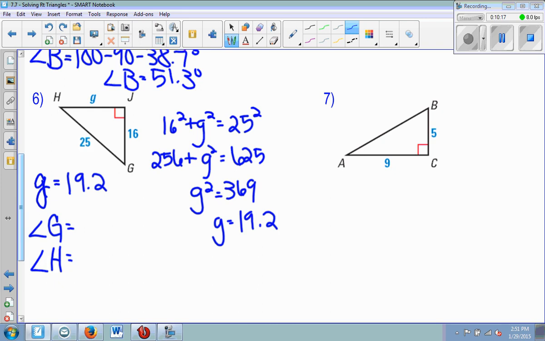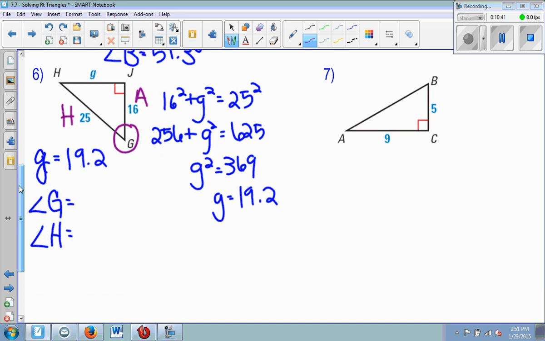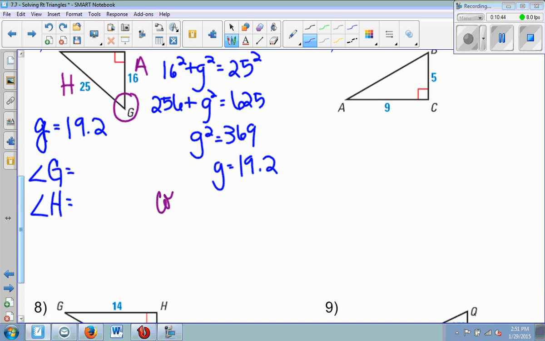To figure out the angles, again, you get to pick which one you want to find. I'm going to pick G because G is earlier in the alphabet than H. That's really the only reason why. So looking at the sides that the problem was labeled with, the 16 is the adjacent, the 25 is the hypotenuse. As soon as I see A and H, that tells me to use cosine. So cosine of angle G is equal to 16 over 25.